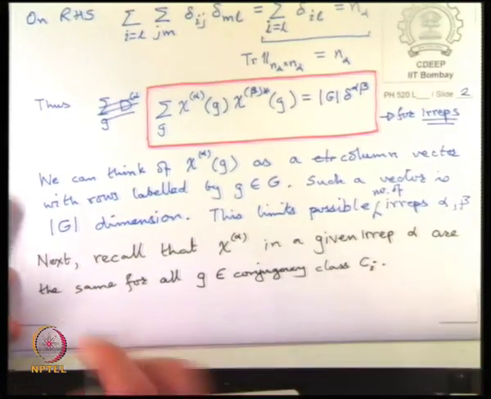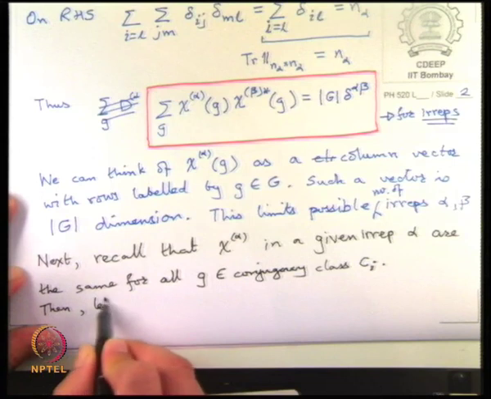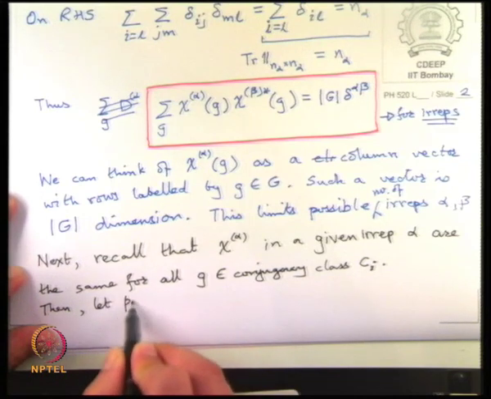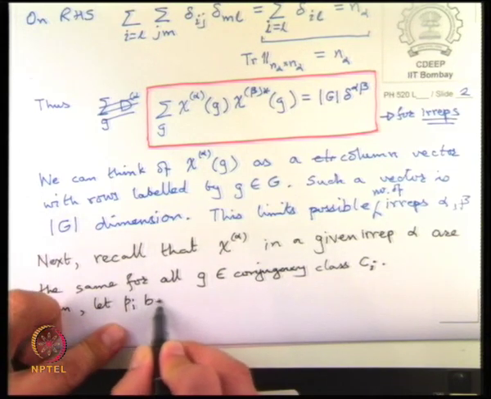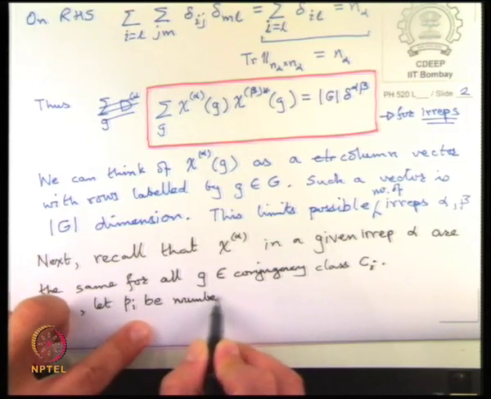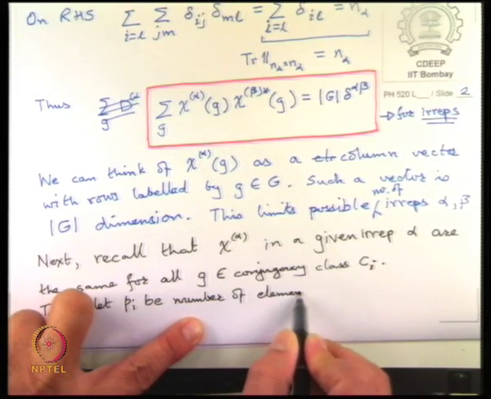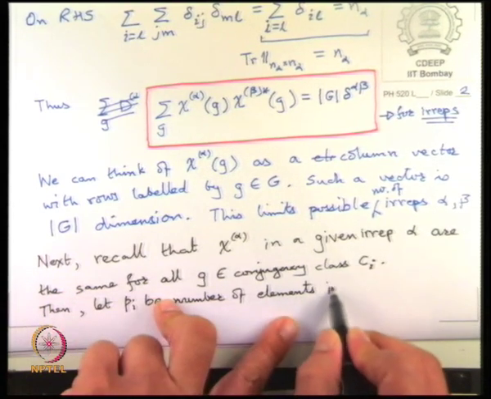Then let Pi be the number of elements in Ci.